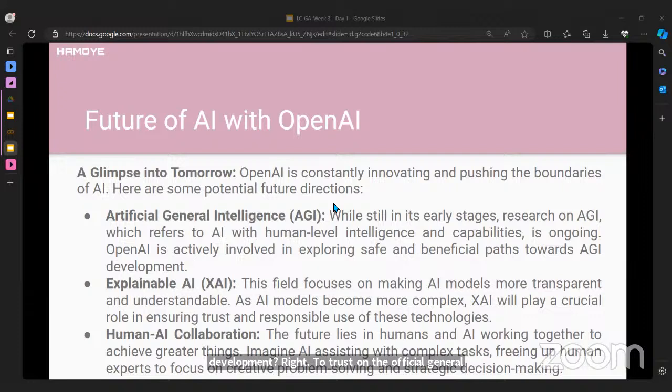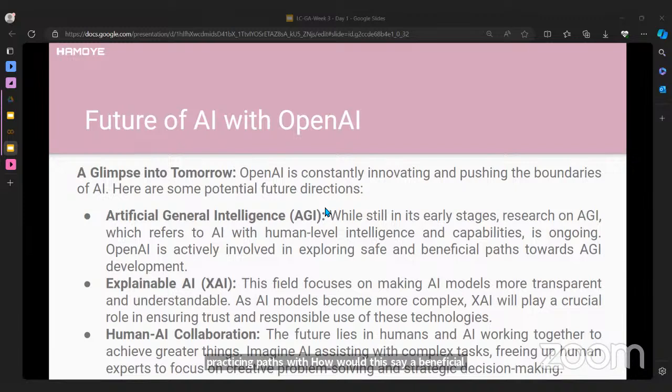One of the most anticipated advancements in AI is the development of artificial general intelligence, or AGI. It represents a type of AI that can understand, learn, and apply knowledge across a range of tasks at a human-like level. While still in its early stage, OpenAI is deeply involved in crafting pathways toward the safe and beneficial development of AGI.